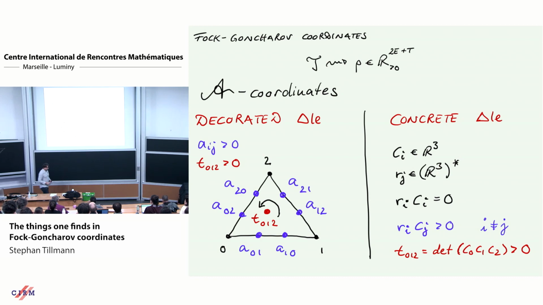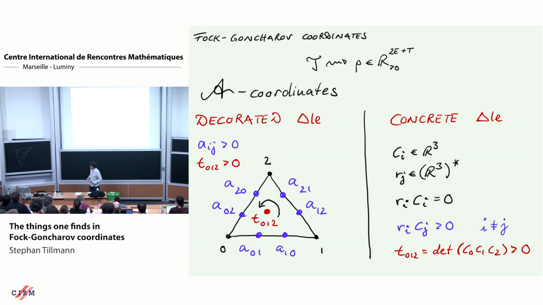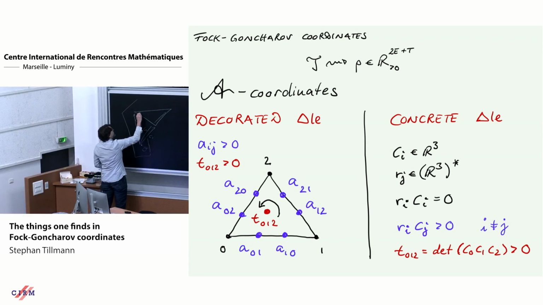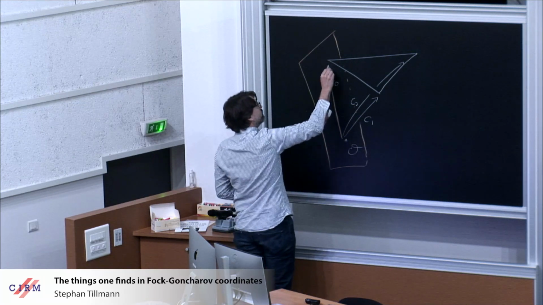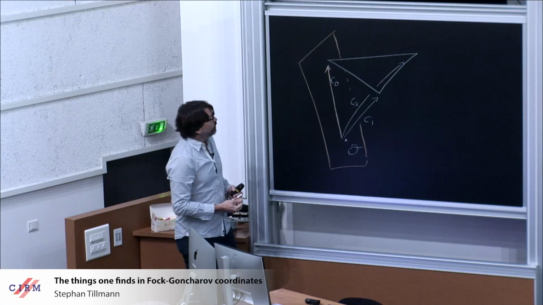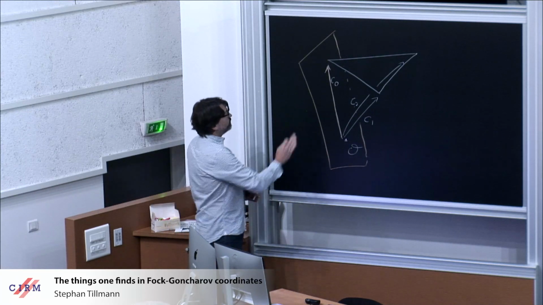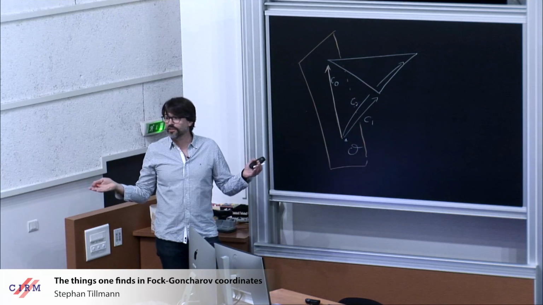And now I want to choose hyperplanes through these vectors. So let me draw one. This here is supposed to be a hyperplane that contains this vector here. Of course, I can also think of this as a dual vector if I want to.